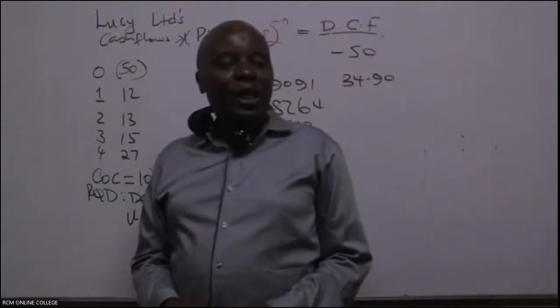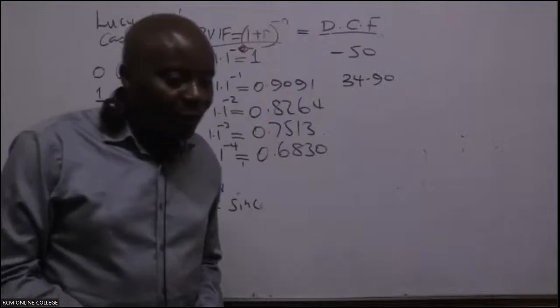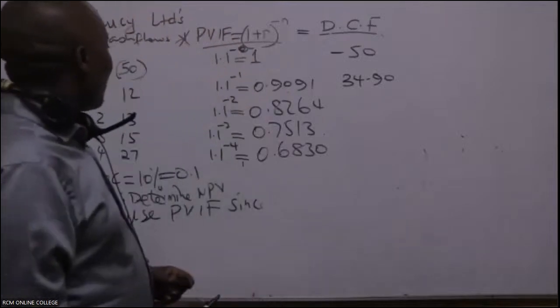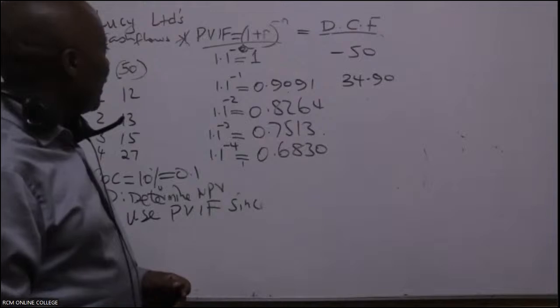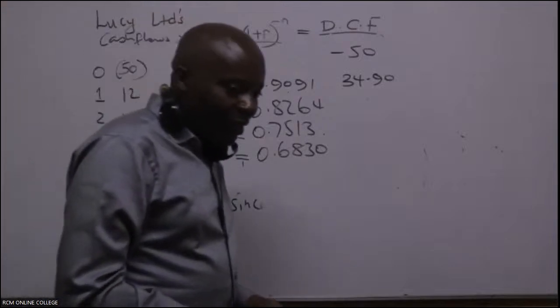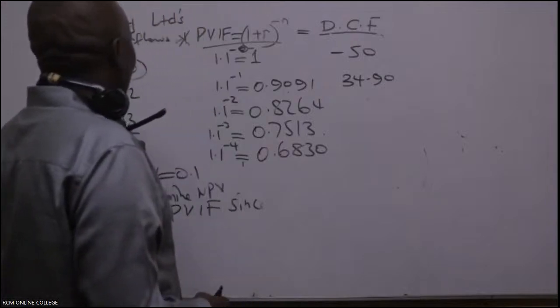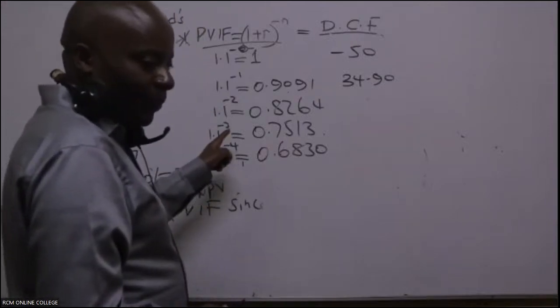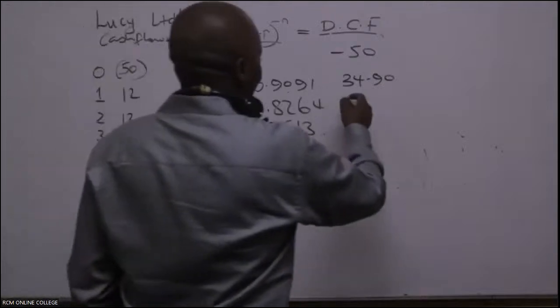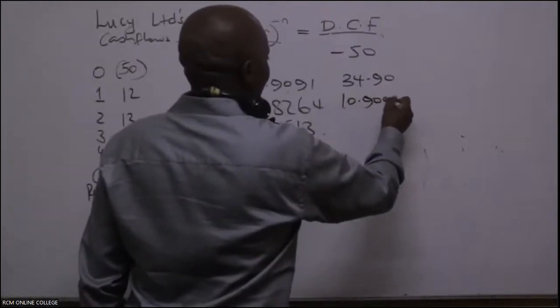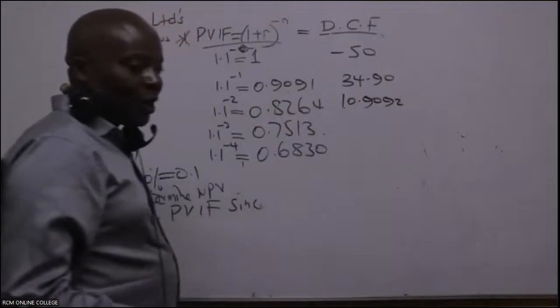12 times 0.9091. It can't be 10. Are you talking of the third one?